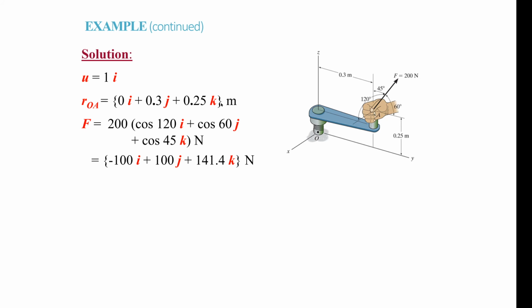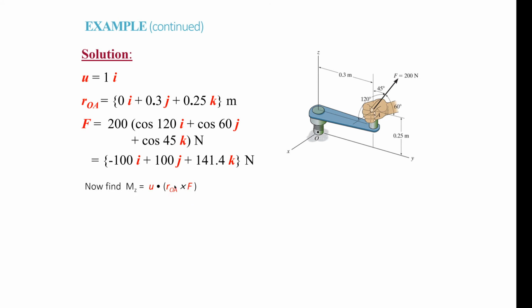So here's our R_OA. Like I said, it doesn't necessarily have to be to the origin, but it's simpler because it's given in terms of the origin here. And then for the force, just using the direction cosines, you can come up with the components.